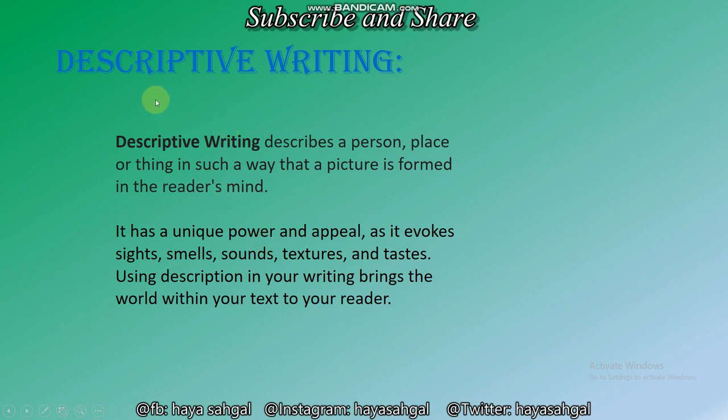When we are going to define it, descriptive writing describes a person, place or thing in such a way that a picture is formed in the reader's mind. Try to understand it. Why do we use descriptive writing? It is like we have to explain in our sentence, in our text or in a paragraph about a person, a place or a thing.